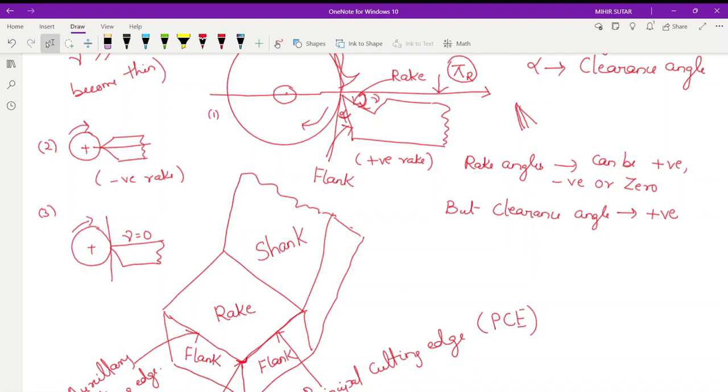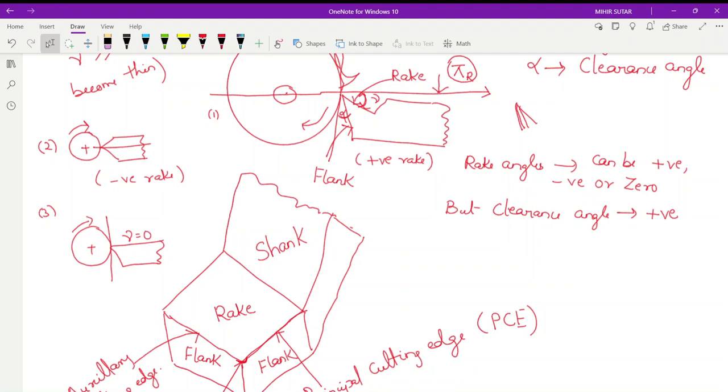In later subsequent classes, you will be knowing the form tool. It is simple in construction, but it obstructs the movement of chip flow and causes build-up edge formation. You can see that in case of positive rake, there is space so that the chip may move upward. Chips means the extra pieces of the workpiece that are removed by the machining process.